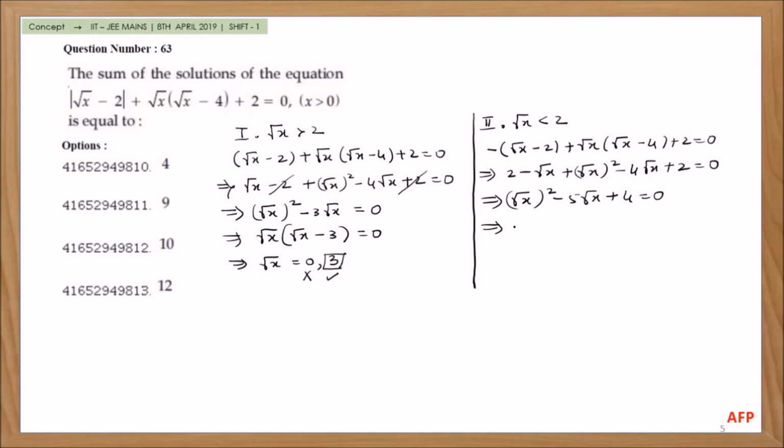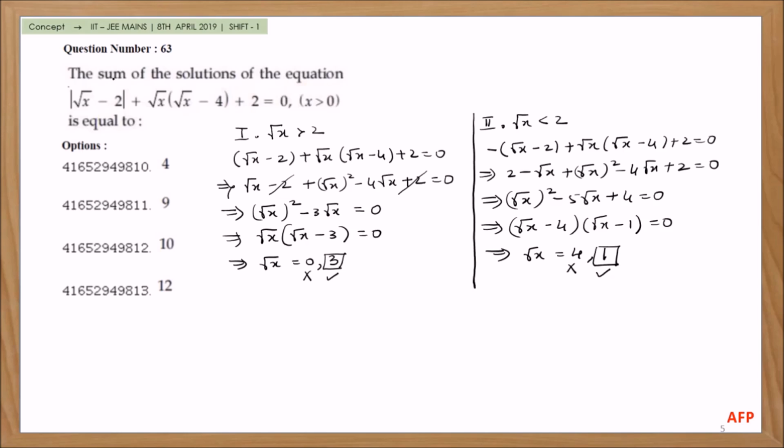So if you factorize, you will get square root of x minus 4 and square root of x minus 1. So this implies square root of x is equal to 4 or 1. What we were told is the square root of x is less than 1. So this value satisfies and this is rejected.